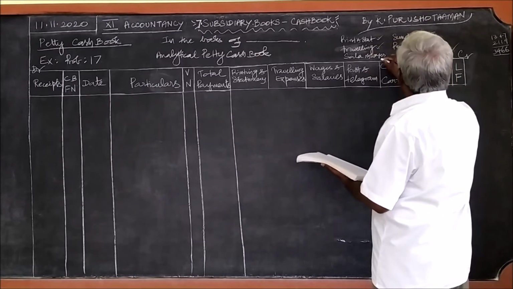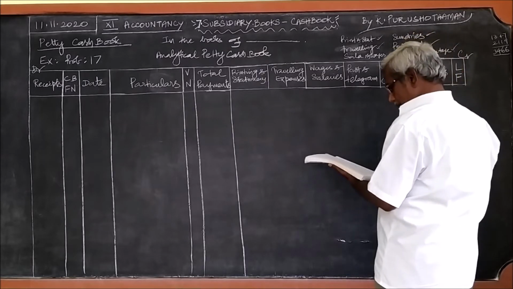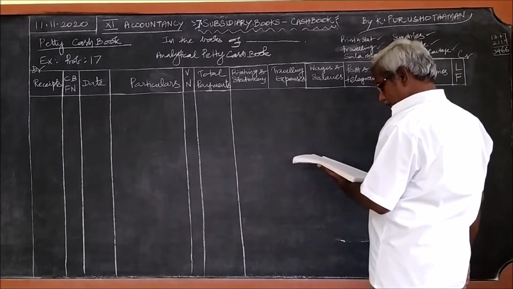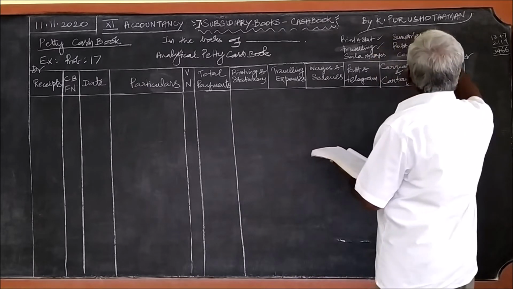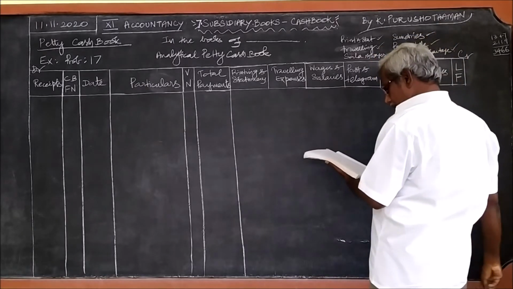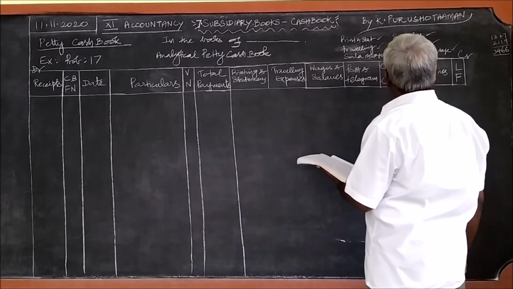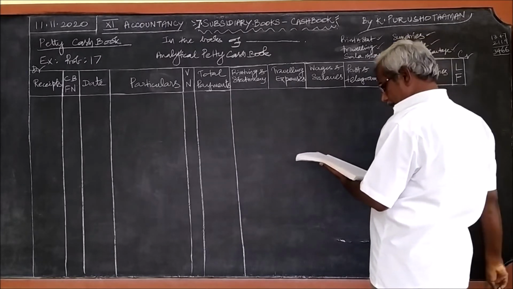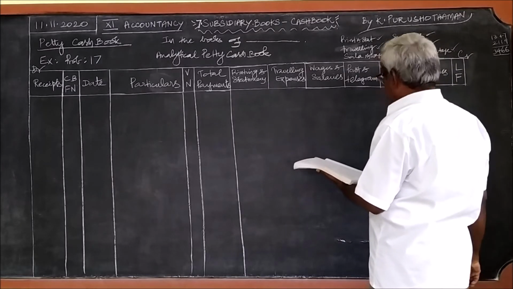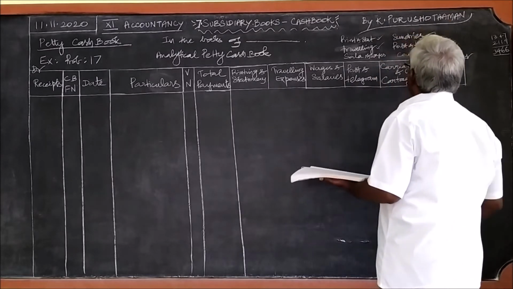Or postage and the telegram. Paid for revenue stamps. Paid for office cleaning, that sundries we can use. Paid for letters registered post and telegram. And paid for taxi hire, travelling expenses.